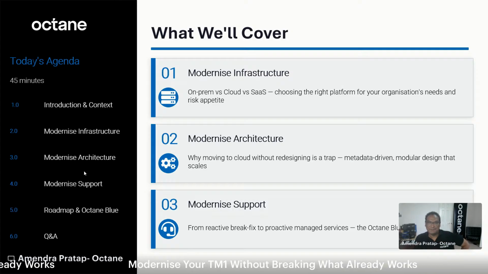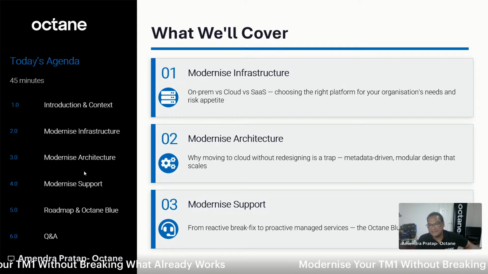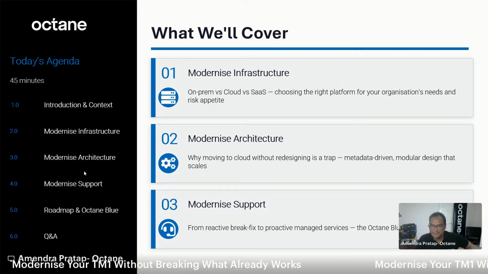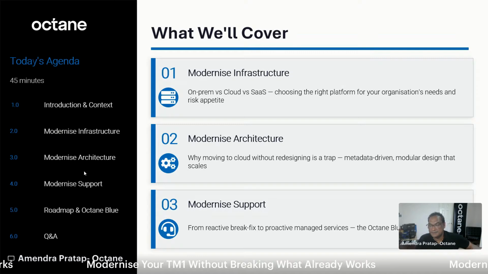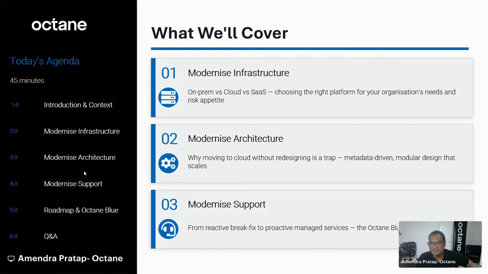First is the infrastructure side of things, where we'll discuss what the infrastructure considerations are. Then we'll also look at the architecture side of things, and how we support the application. If you master these three things, you will have your TM1 application running on steroids within your organization.